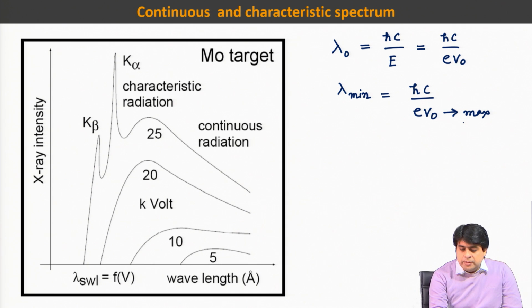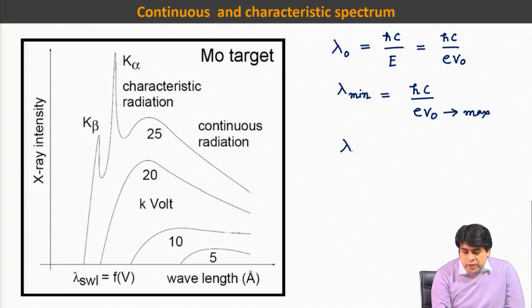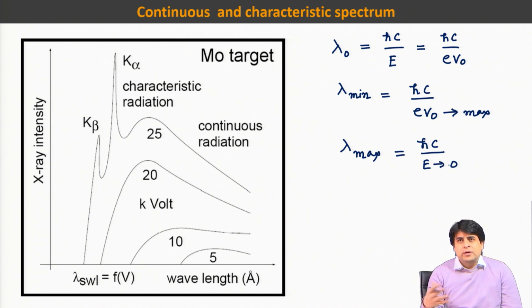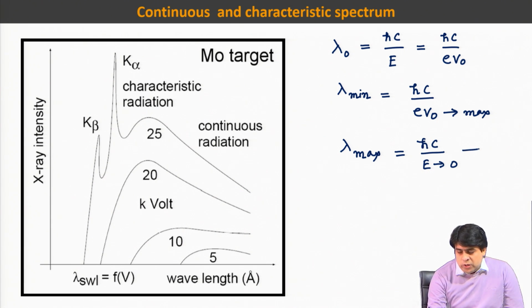When you have a maximum energy, you have a minimum lambda value for the particular incident electron. If you try to calculate the maximum wavelength of the photon, that is h c by E where E is almost equal to 0. It will have some energy, but very close to 0, so lambda max will be equal to infinity.